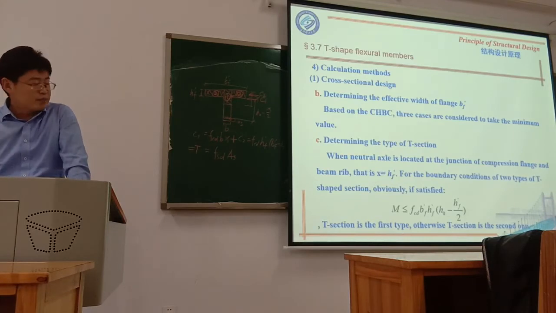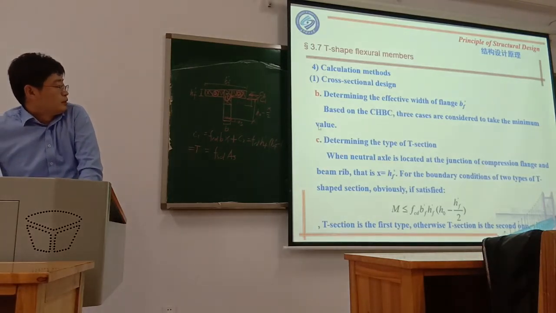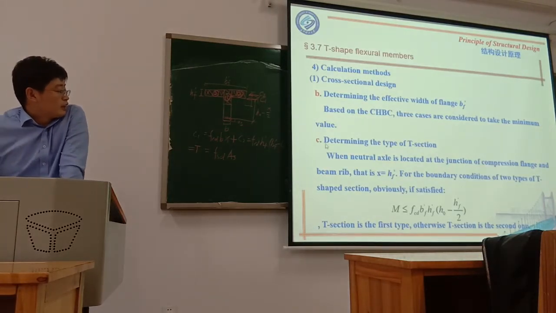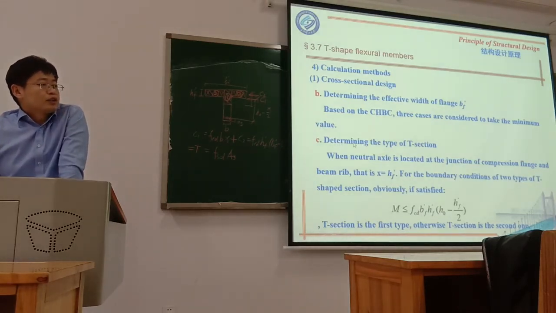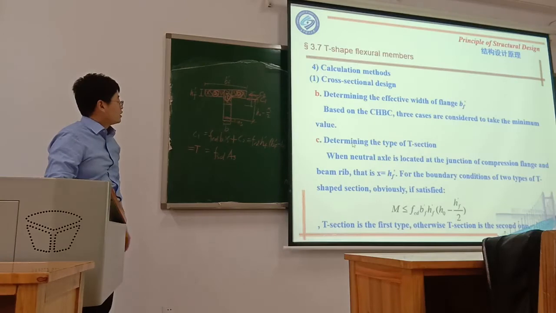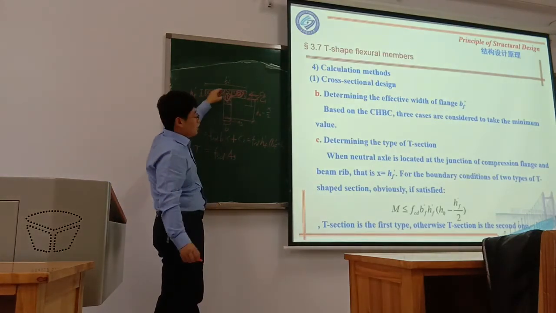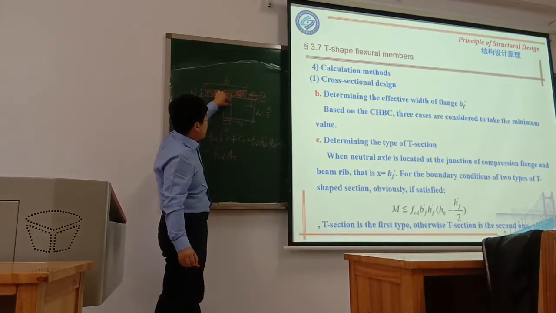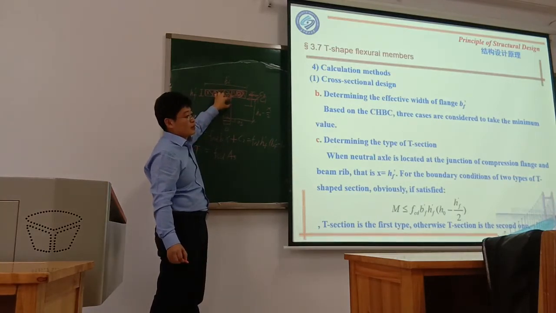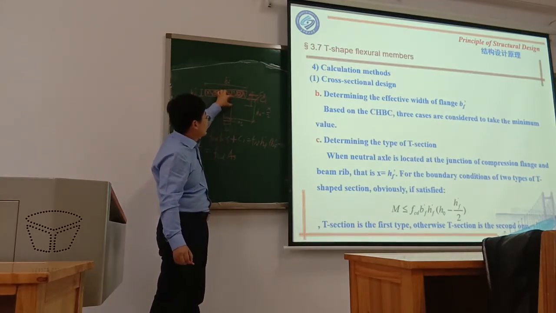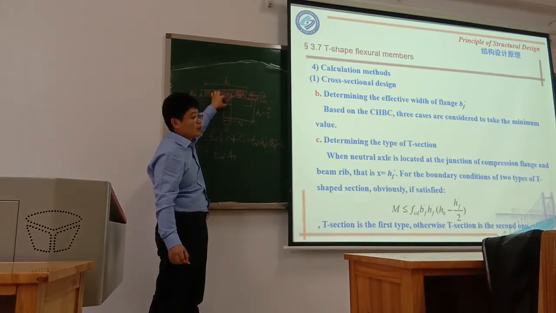So once you got bf', then the next step is to determine the type of the T shape. You should determine whether the compression is just in the flange or whether the rib is in compression or not. So just determine whether this part of the rib is in compression or in tension.